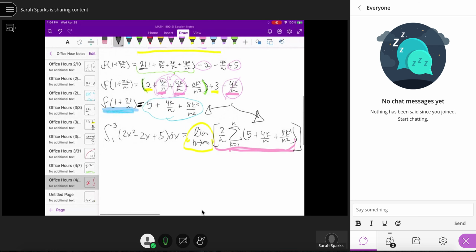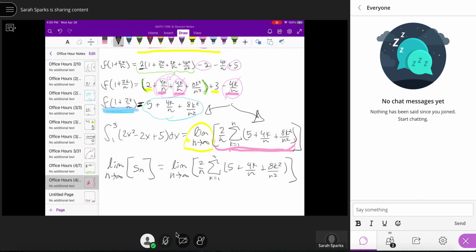So we're just going to set, or I guess before we do that, we'd probably say the limit of s of n is equal to the limit of 2 divided by n, k equals 1 to n, that's 5 plus 4k divided by n plus 8k squared divided by n squared.